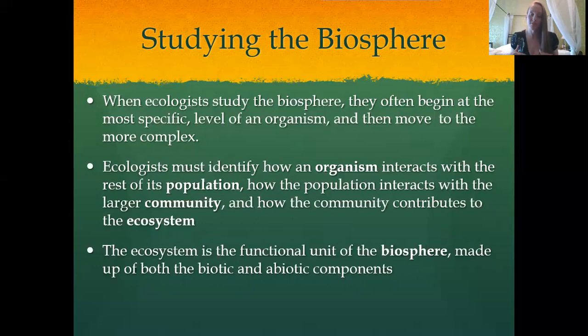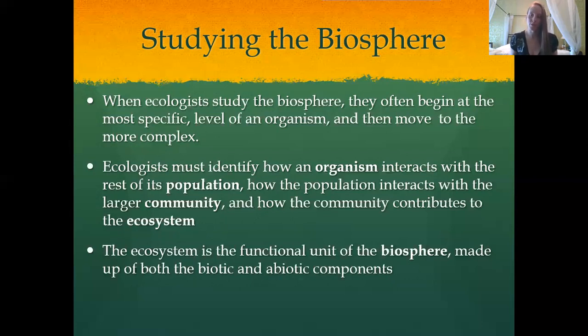So the way we kind of define this moving from very specific to more general is that we start with the organism, then we see how that organism interacts with a population, then how that population reacts with its community, and then how the community reacts or interacts with the ecosystem. The ecosystem is then the functional unit of the biosphere.